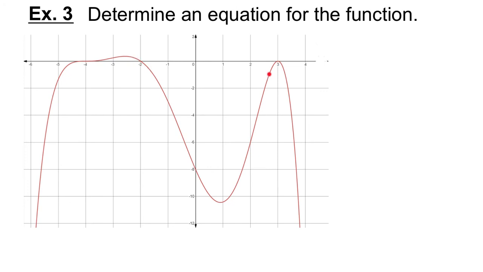This one comes on and off in the same direction. So I would actually like you to try coming up with an equation for this function on your own. So pause the video. If you need to look back at the previous example to help you, go for it. But I'd like you to pause the video and try this on your own and then check back in when you're done.